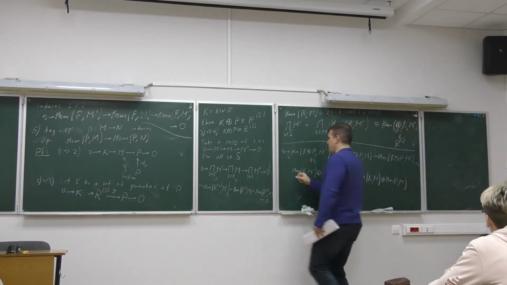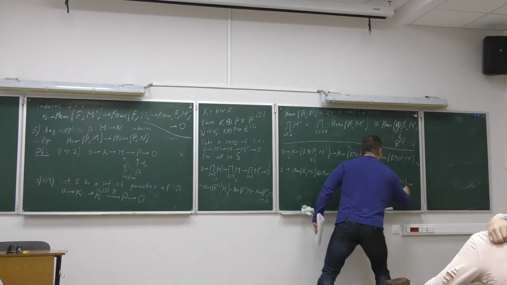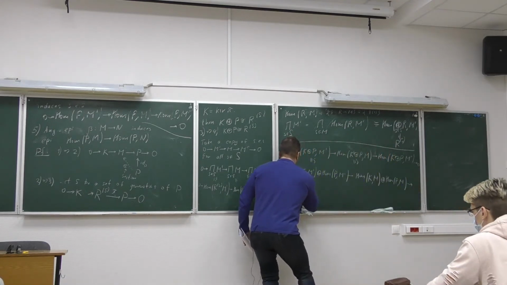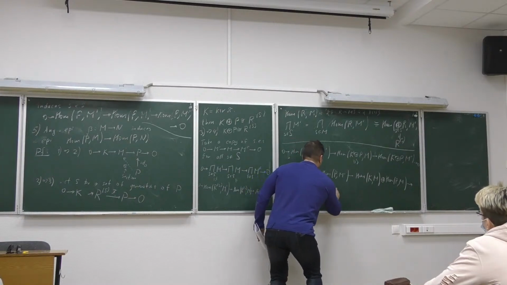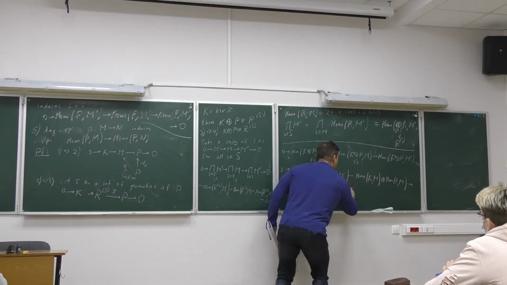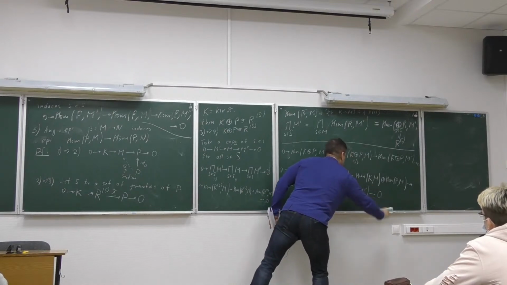Okay, just continue here. Then I'll get Hom(K, M double prime) direct sum with Hom(P, M double prime), and this is 0.